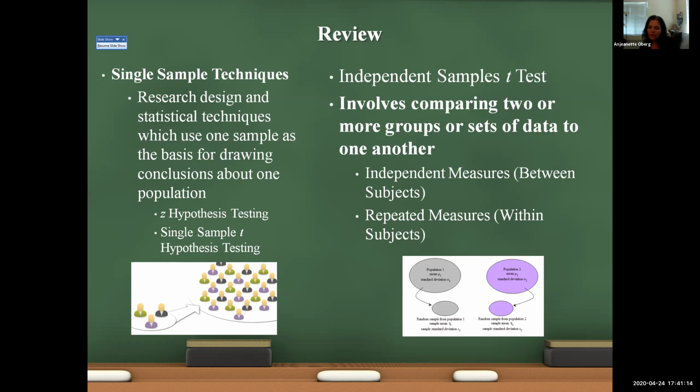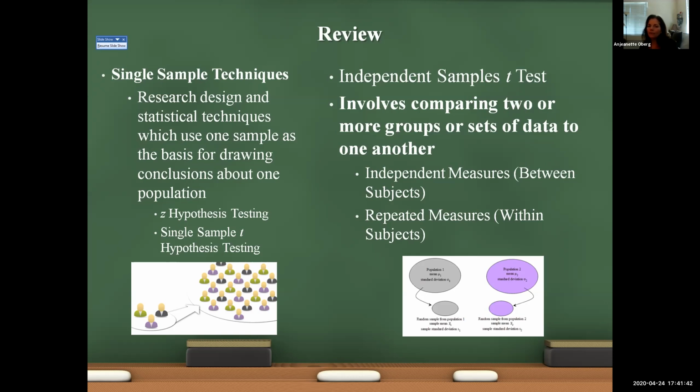In an independent measures t, we know that they are two separate samples, different people in each group, and they correspond to two separate populations. We call that a between subjects design. When you have a repeated measures design, you have within subjects, the same people are in both groups, okay?